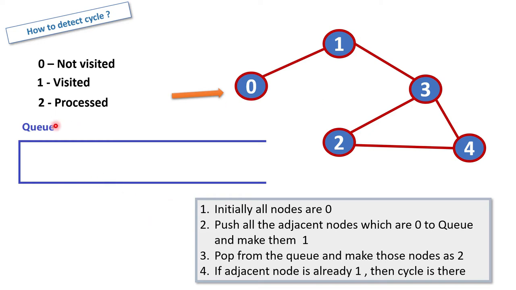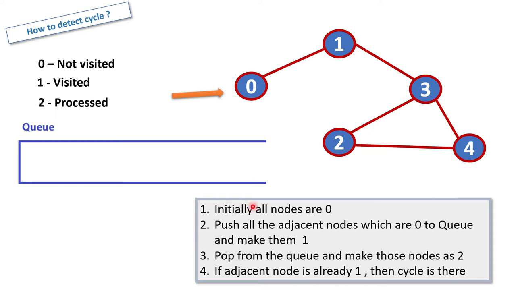Then pop from the queue and make those nodes 2, because they are processed. When I am looking for adjacent nodes to push to the queue, if at that time a node is already 1, that means a cycle is there. So we will follow these rules and understand it better.